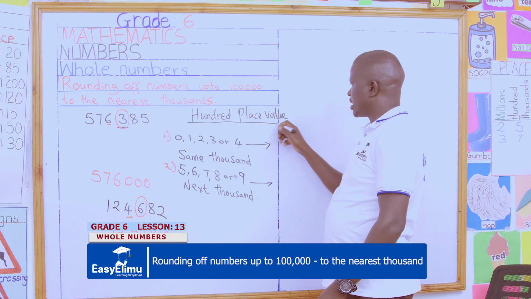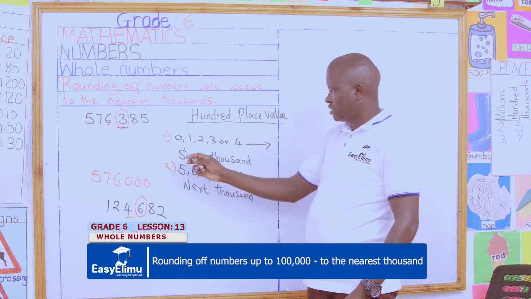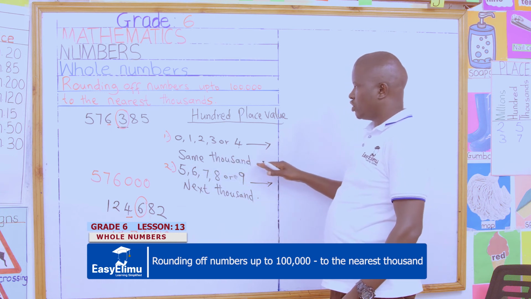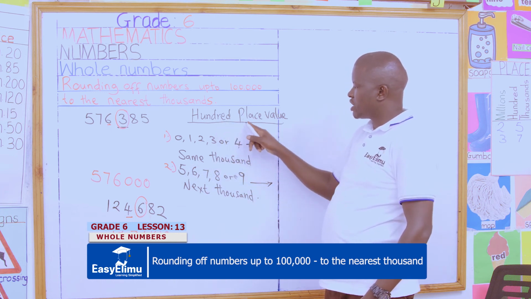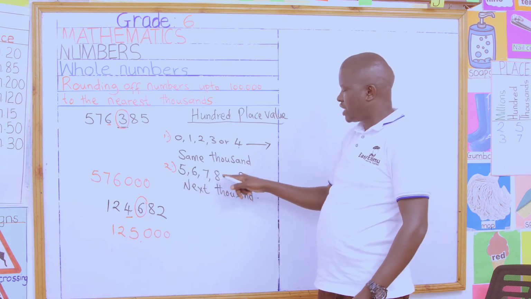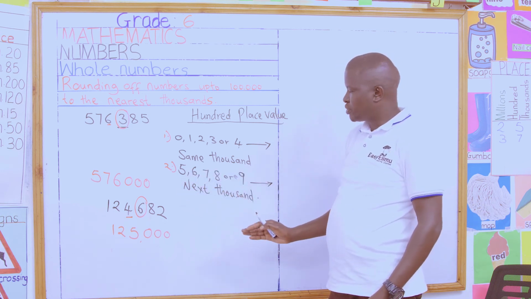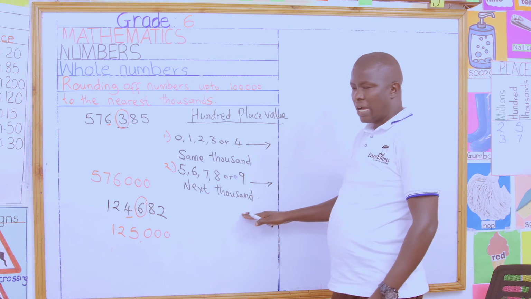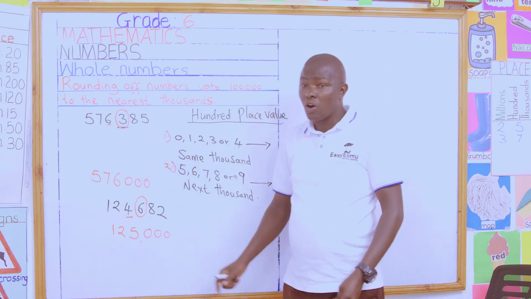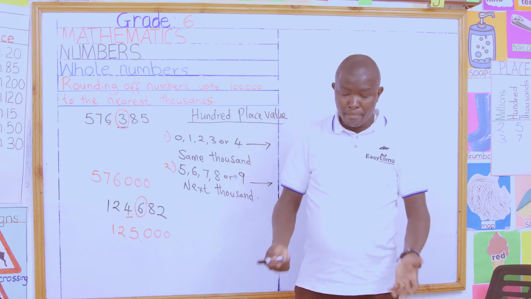If this digit is either 0, 1, 2, 3 or 4, it remains in the same thousand. If that digit is either 5, 6, 7, 8 or 9, we round it up to the next thousand. And those other digits become zeros. This is how we have rounded our number.